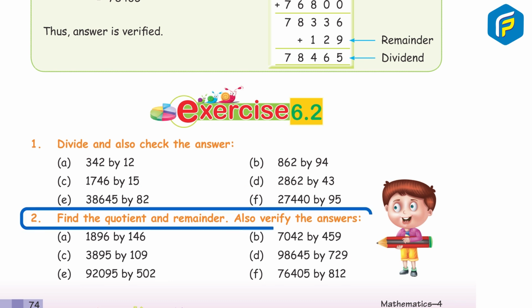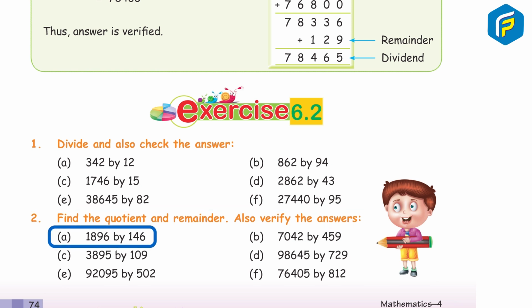Question 2. Find the quotient and remainder. Also verify the answer. A. 1896 by 146. Answer quotient 12, remainder 144. B. 7042 by 459. Answer quotient 15, remainder 157. C. 3895 by 109. Answer quotient 5, remainder 80.